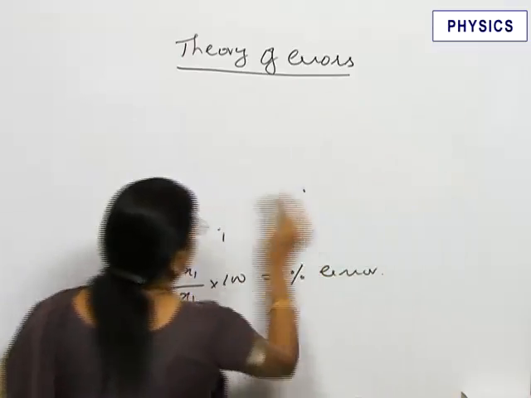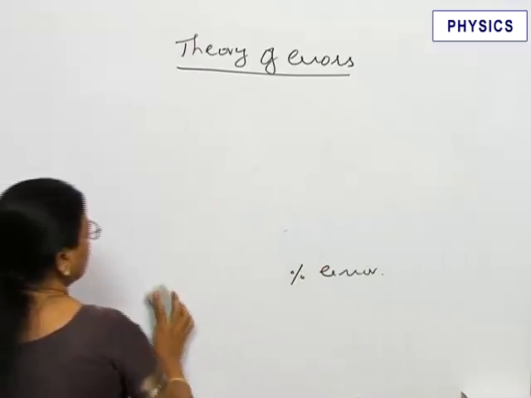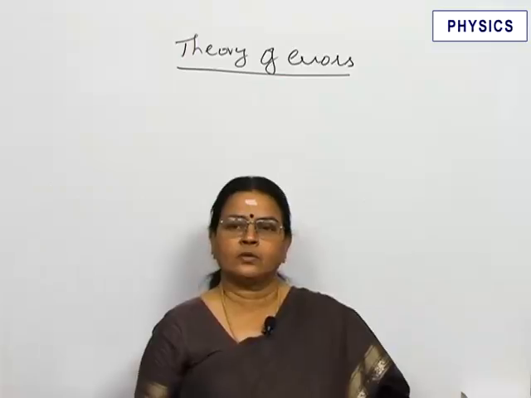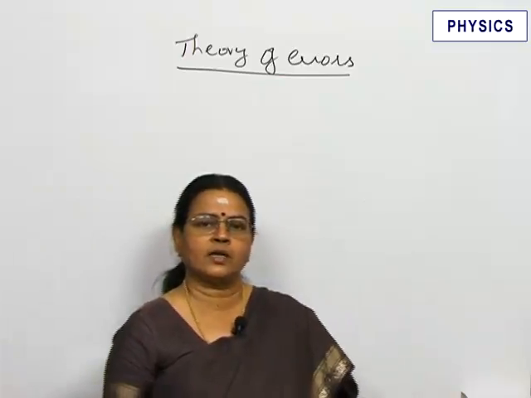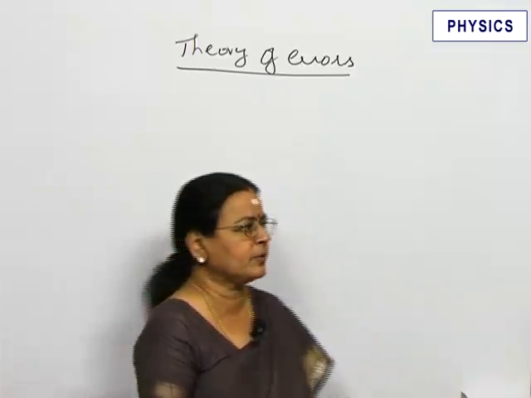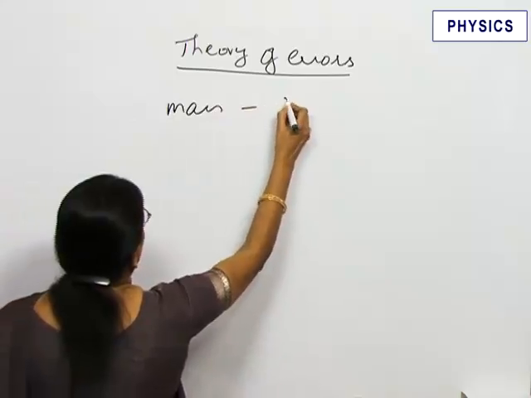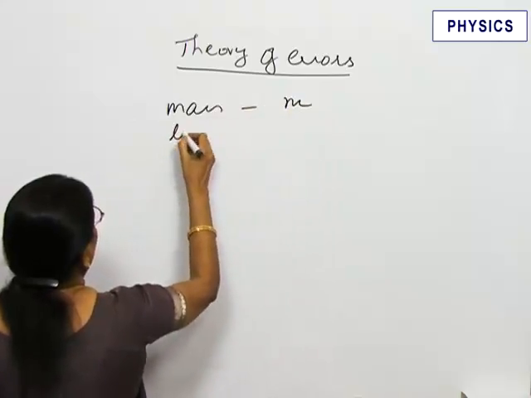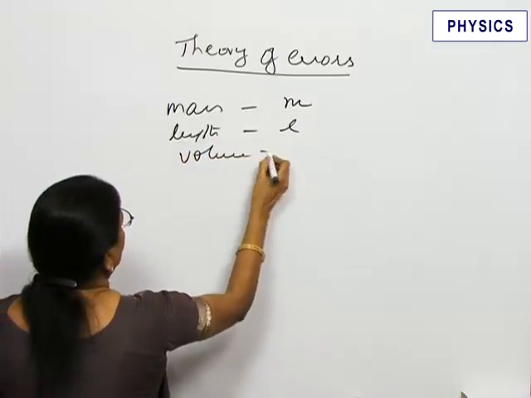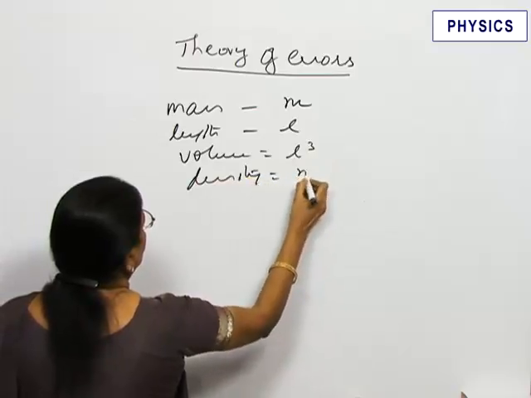Now we are going to see, in physics we measure certain physical quantities. From the measurements we calculate certain other physical quantities, is it not? So you measure certain quantities and using them in a given formula you calculate a certain other quantity. For example, you measure mass as m, you measure the length of a cube as L, you calculate the volume as L cube, then density as m by L cube.